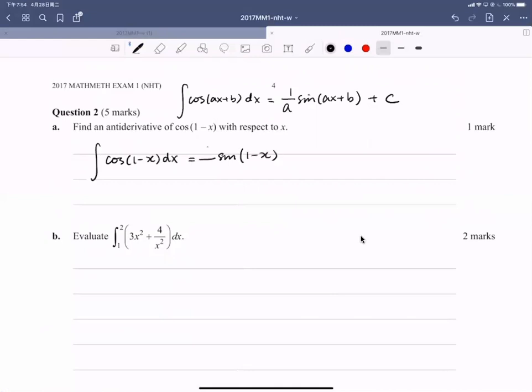But be careful, the coefficient of the x term is minus 1. Therefore you need to divide by minus 1 in the beginning, plus c. So an antiderivative, where c equals 0, is minus sine 1 minus x. Okay?